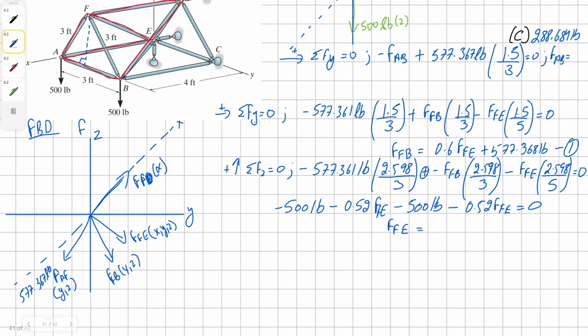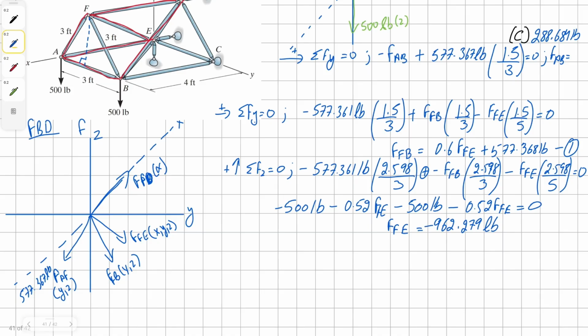Solving for FE, we get our solution as 962.279 pounds. And remember, to get this exact solution, you have to keep all the digits in your calculator.